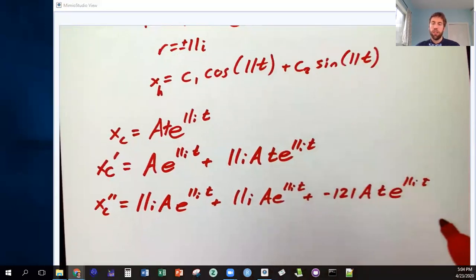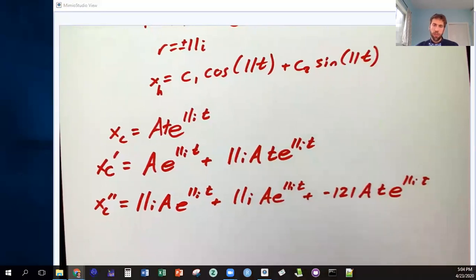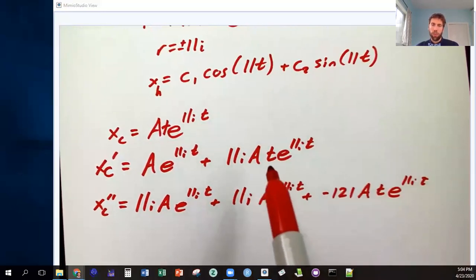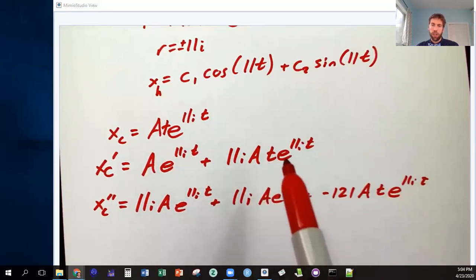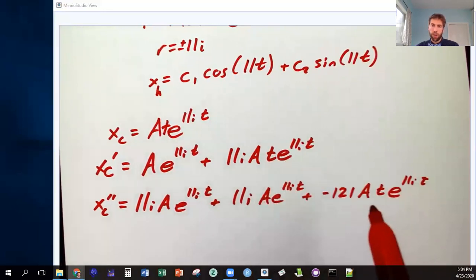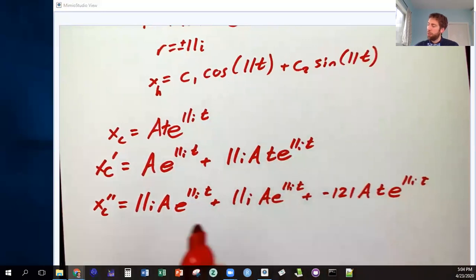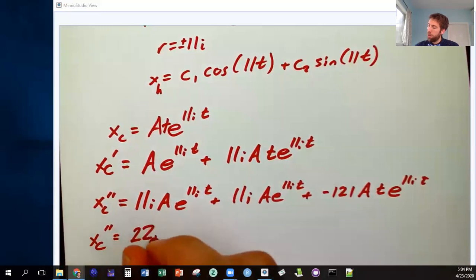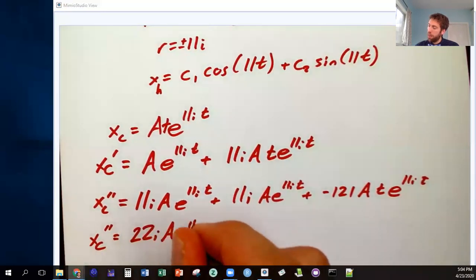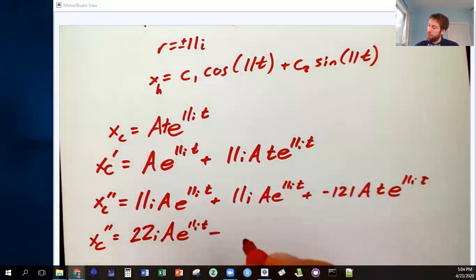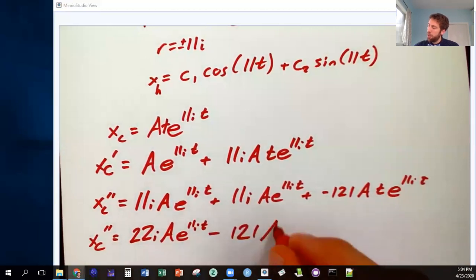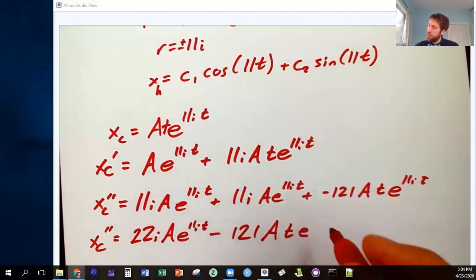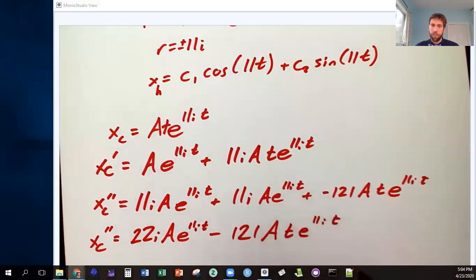Sorry, you can't see that. All right. So product rule with regard to the derivative with respect to t there, and the derivative with respect to the e to the power there. Okay. And let's simplify this. x complex double prime equals 22i a e to the 11it minus 121 a t e to the 11it.